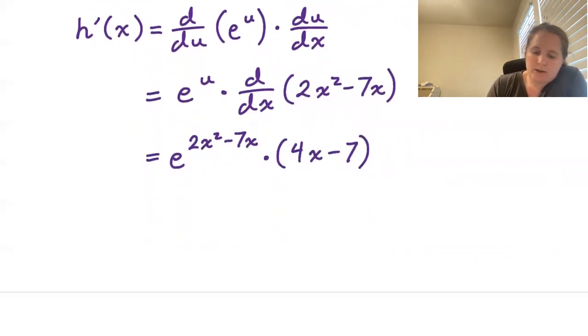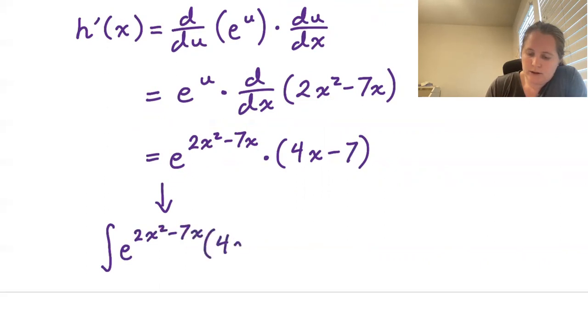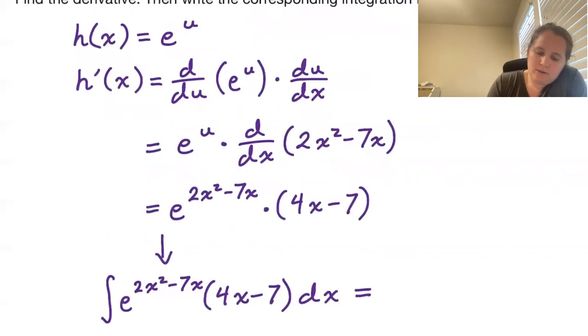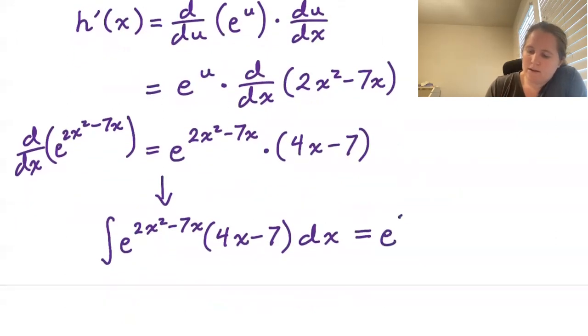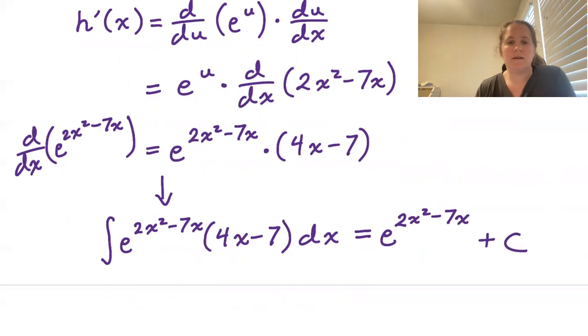So if we write our corresponding integration fact, we have the integral of e to the 2x squared minus 7x times 4x minus 7 times dx winds up giving us that original e to the u, or our original function. Right? So we would get back out e to the 2x squared minus 7x from our integral, and then of course plus c, since we're working with an indefinite integral.